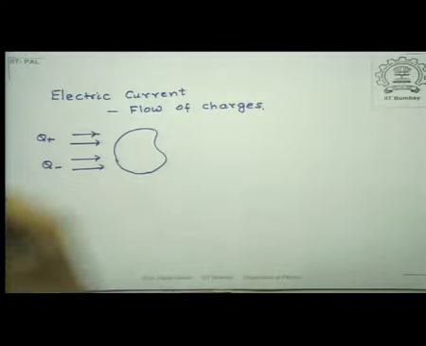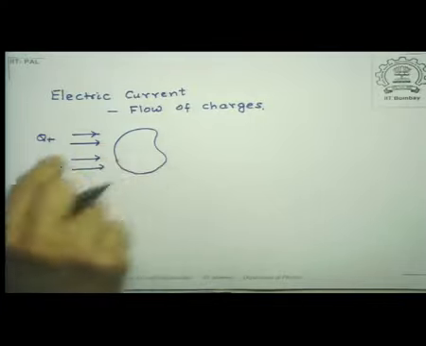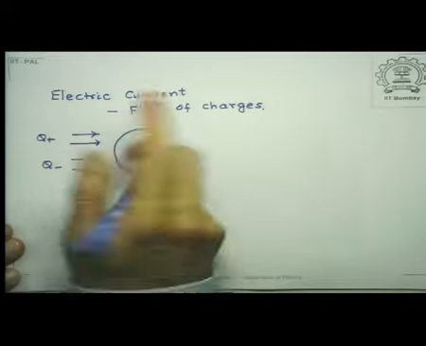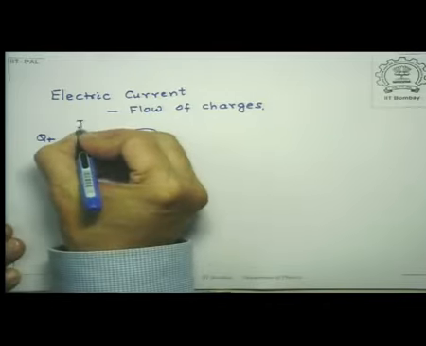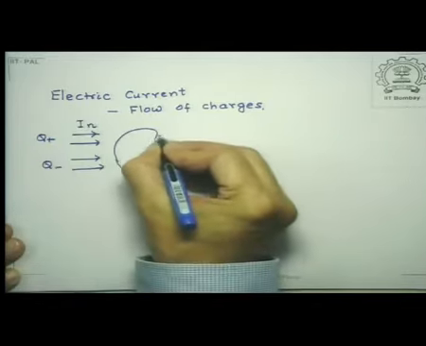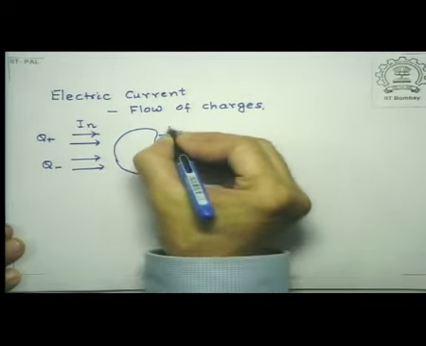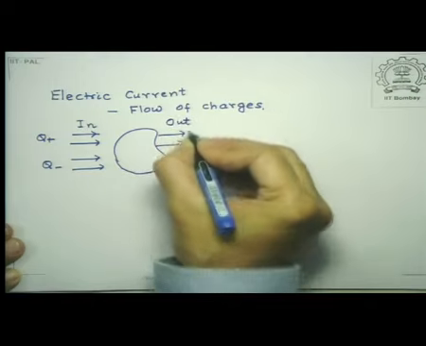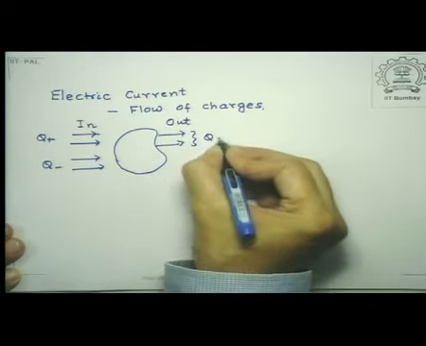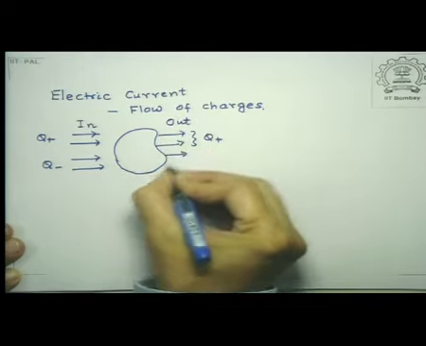Whatever enters that surface comes out. So this is the charge in, and they are coming out on the other side of that surface. This is my charge out, which is obviously also equal to Q plus and Q minus.